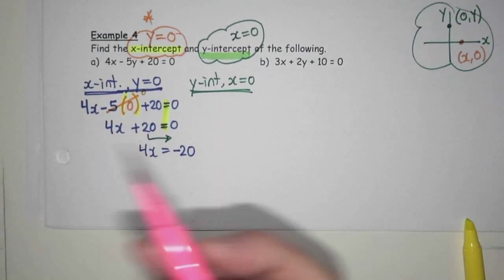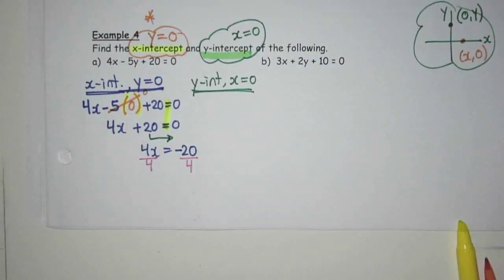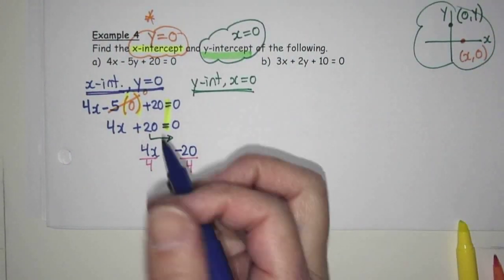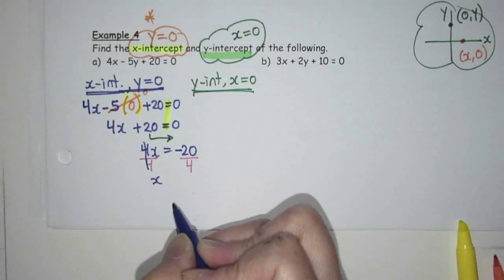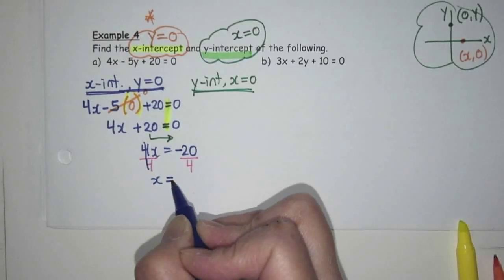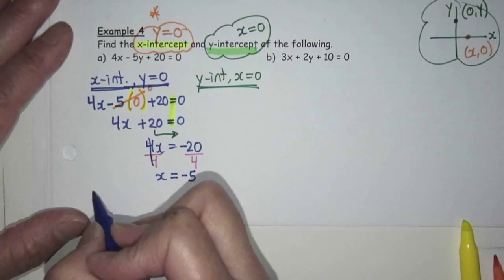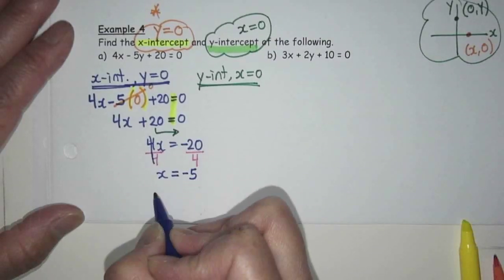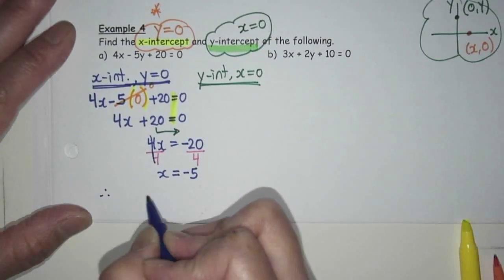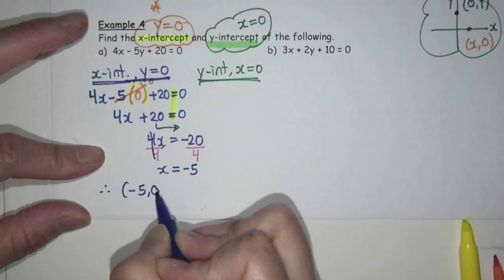Then, when we were solving from chapter 4, we divide both sides by 4, and we get x equals, that crosses out to be 1, and then negative 20 divided by 4, and that'll be negative 5. So then my x-intercept is going to be at -5, 0.